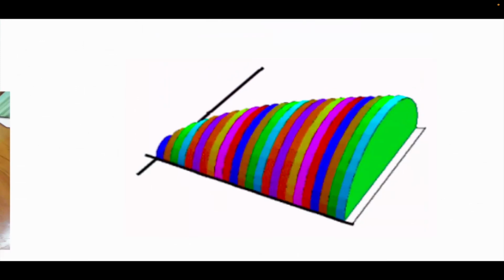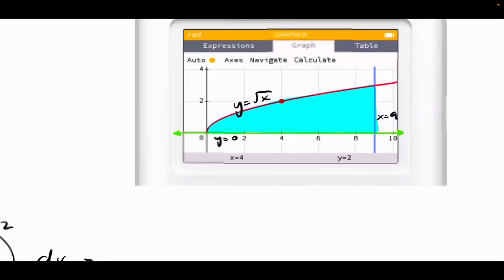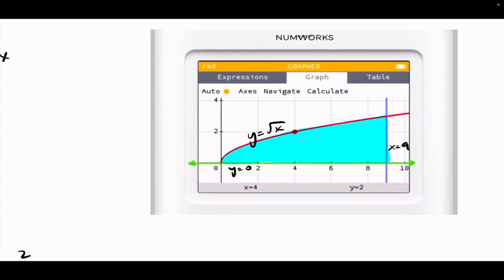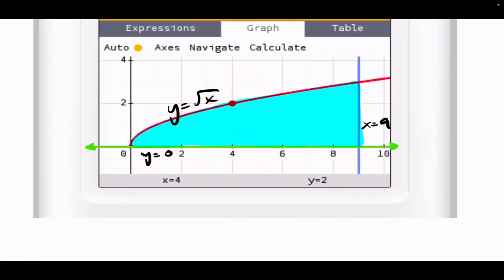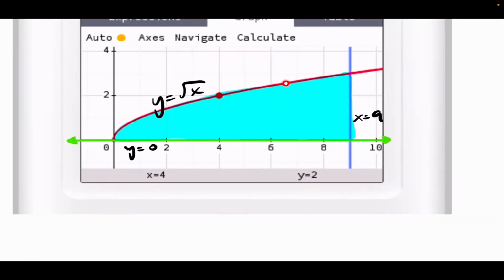Just like the half circles at the end are a lot bigger than the half circles in the beginning, right?